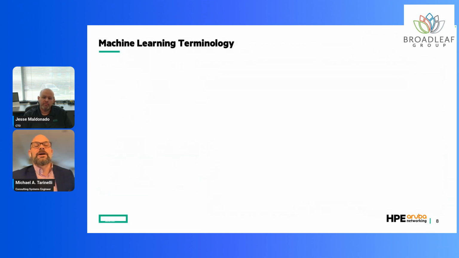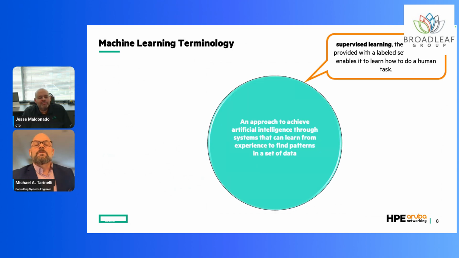Now, real quick, just a couple more terms. This is another definition for machine learning, but I just want to mention supervised learning and unsupervised learning because they contrast a little bit with Gen AI, a little bit, right? So supervised learning is the notion that a computer is provided with a labeled set of data. People always say, what's a labeled set of data?